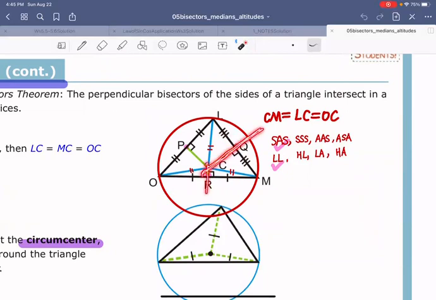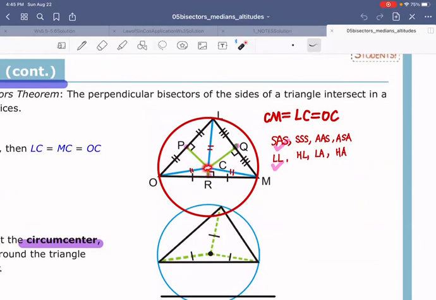This line and this line will meet at one point, and you draw the perpendicular bisector on this side also. Choose the midpoint, draw the perpendicular line. These three green lines meet together at this one point.